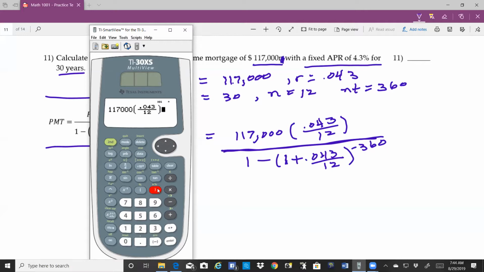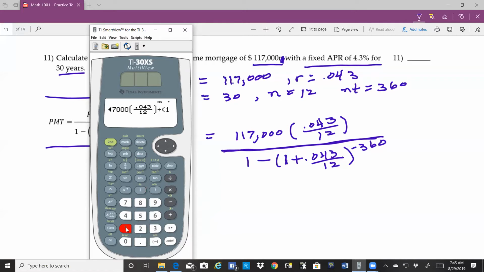And notice I'm going to try to do this two ways. I'm going to go ahead and divide it, and now I'm going to have to use the parentheses.